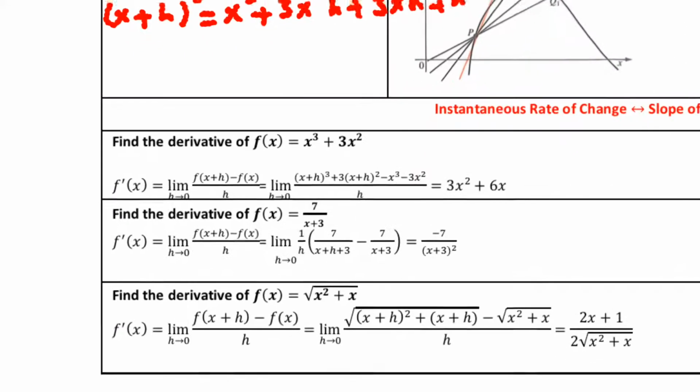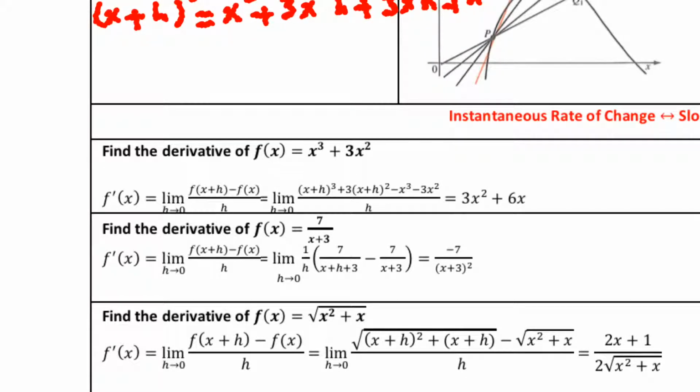Therefore, we can expand (x plus h)^3 and 3(x plus h)^2. Then collect the like terms, factor h, reduce it, replace h by 0, and we get f prime of x equals 3x^2 plus 6x.